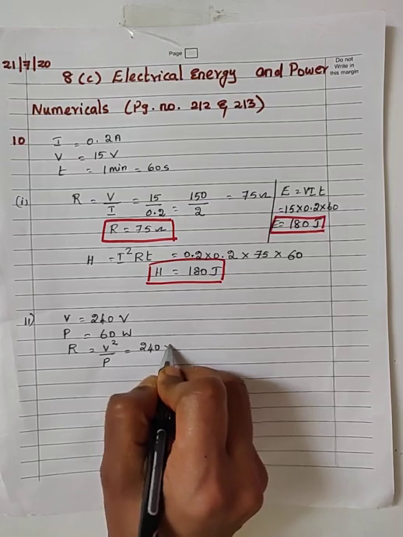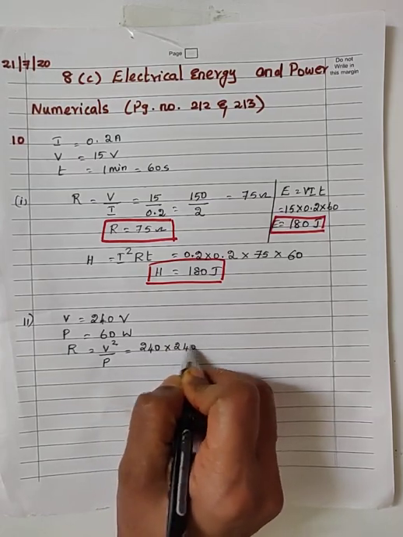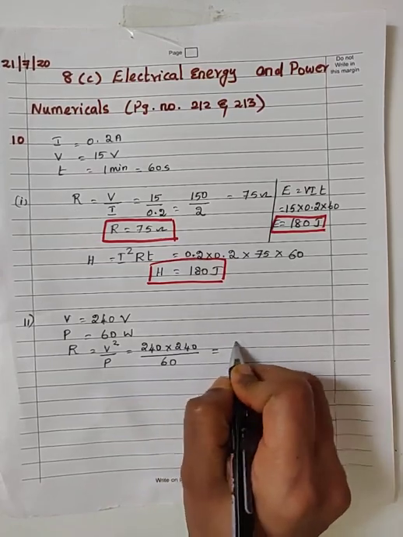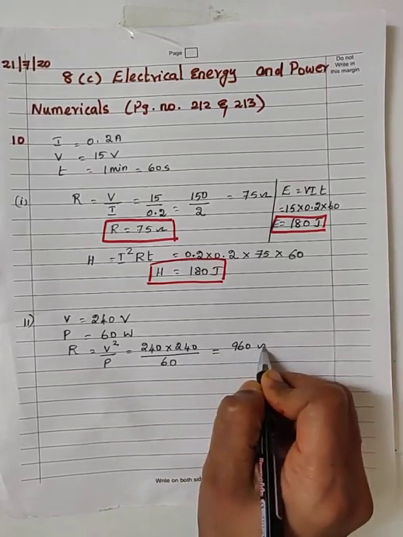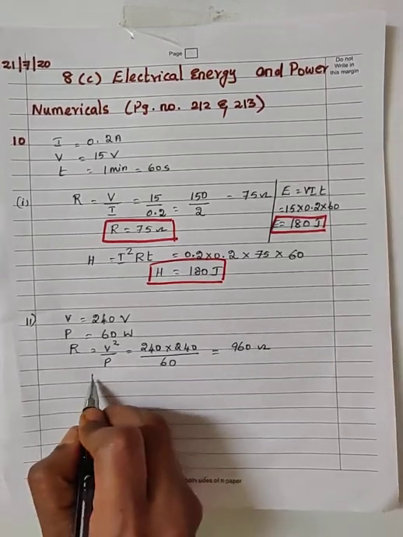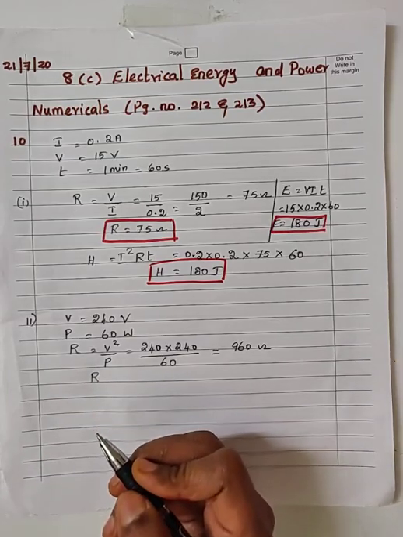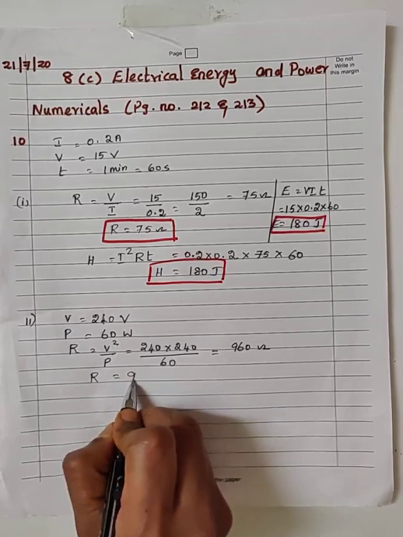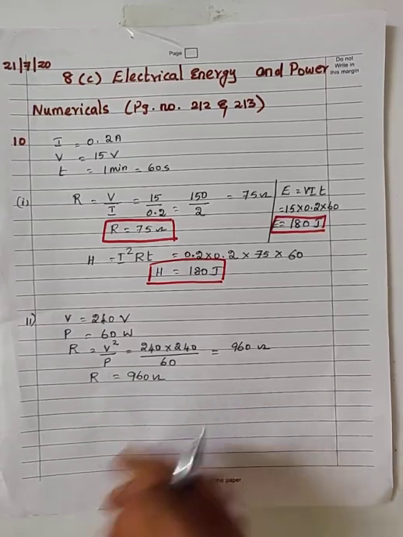So 240 into 240 divided by P, which is given as 60. On simplification, you will get 960 ohm. So the resistance offered by the lamp is equal to 960 ohm.